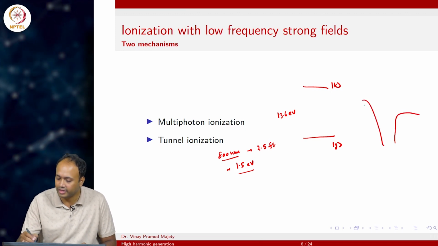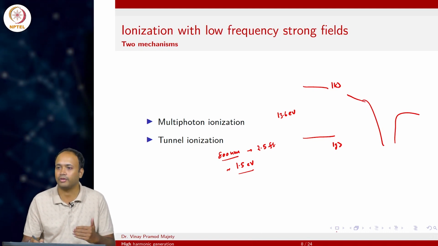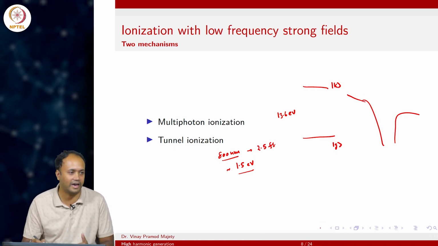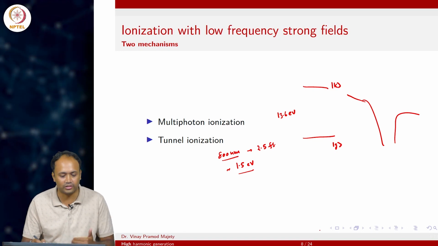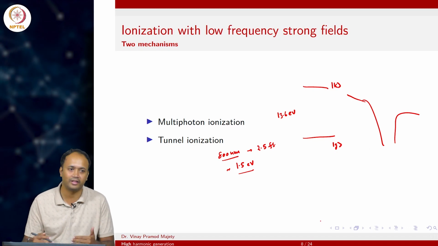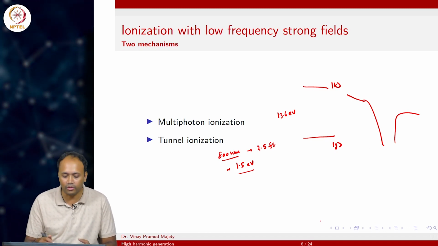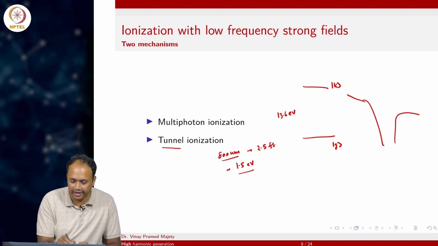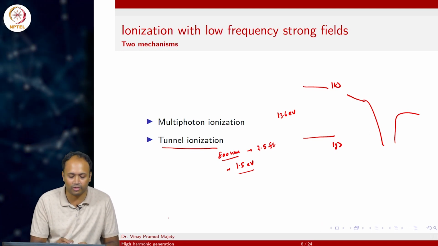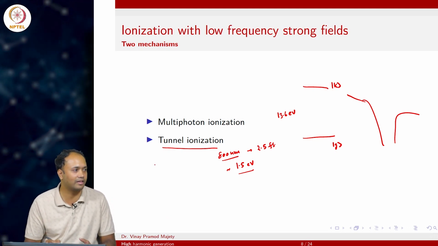In the time frame of the electron, it sees the field kind of instantaneously, as a static field. It is a low frequency radiation, so the electron is feeling the change in the electric field very slowly. So there are two contributions: one is a multi-photon ionization process, and you can also have what is called a quasi-static tunneling process.